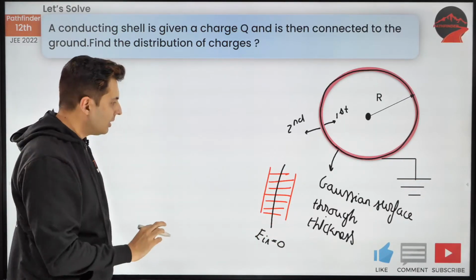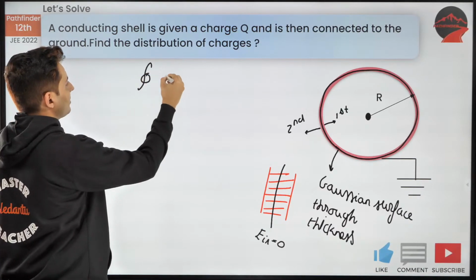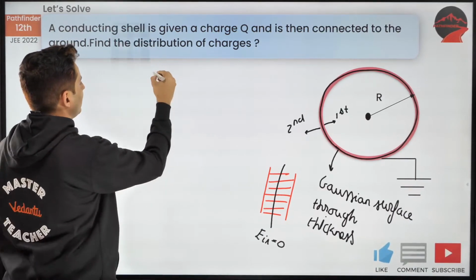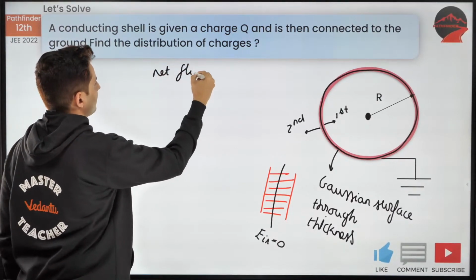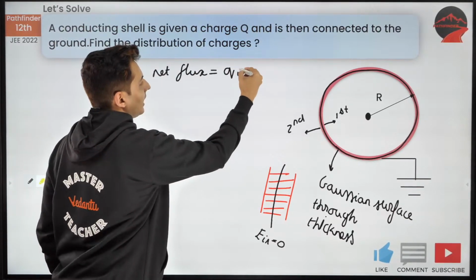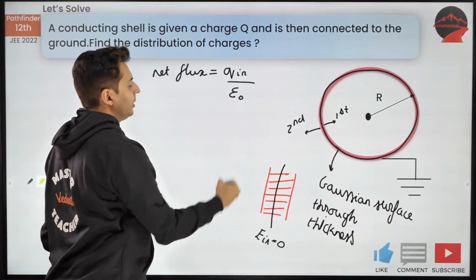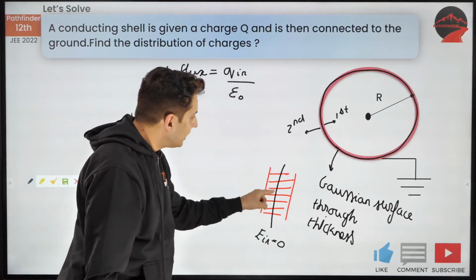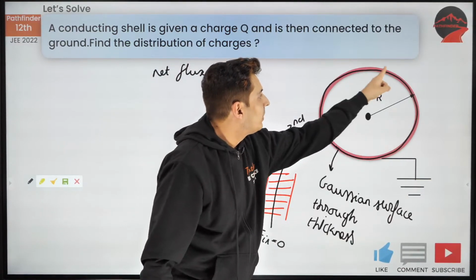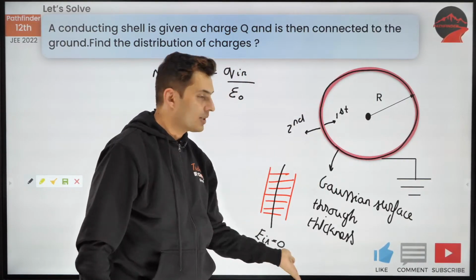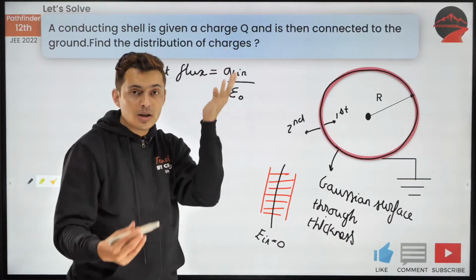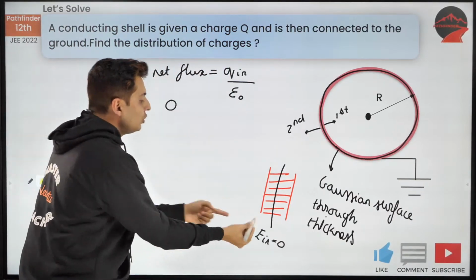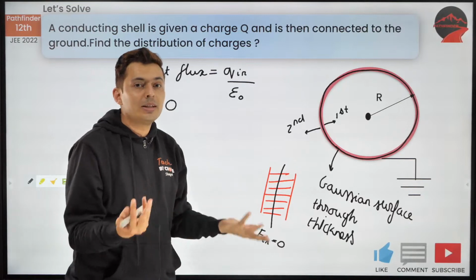So guys, think about it. If I use Gauss's law, which says net flux is equal to enclosed charge by epsilon naught. What is the net flux cutting through that Gaussian surface? Isn't it 0? Because there is no field. If there is no field, what will be the flux?